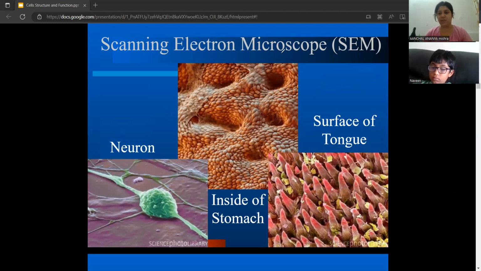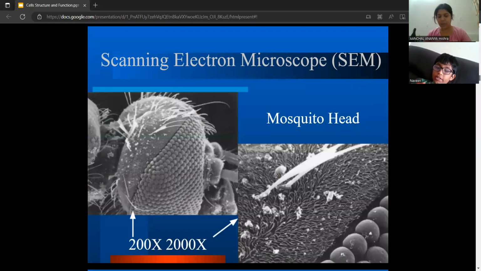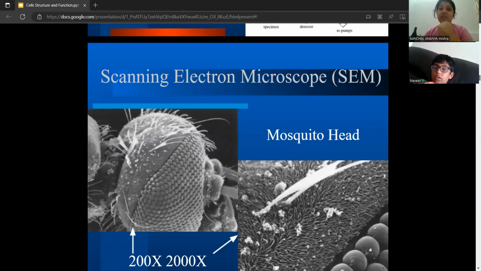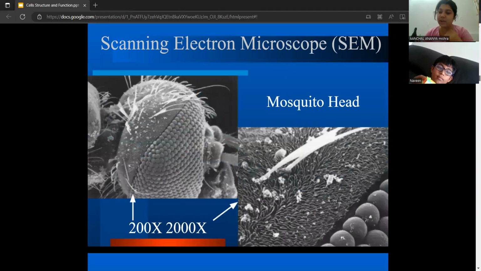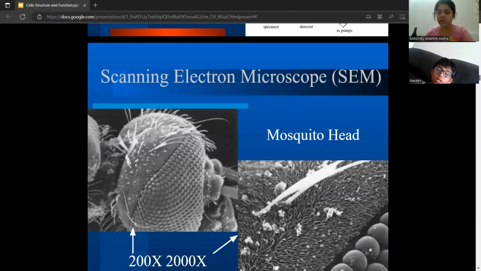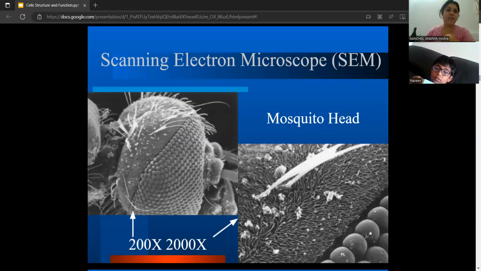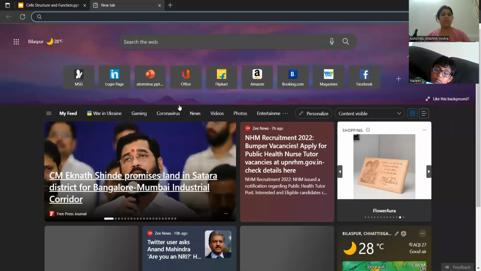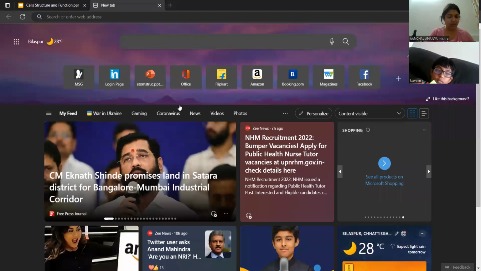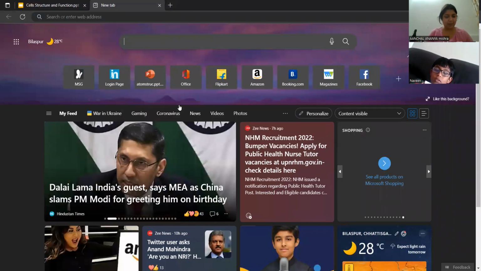Can I see a great white shark's teeth under the microscope? Yes, okay, we will see that too. Wait, I'll just try to search it.